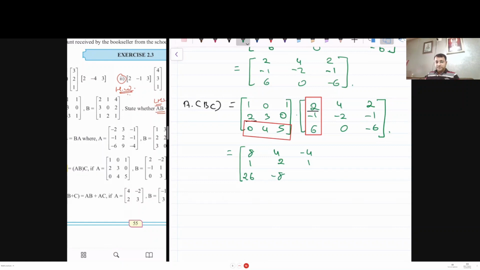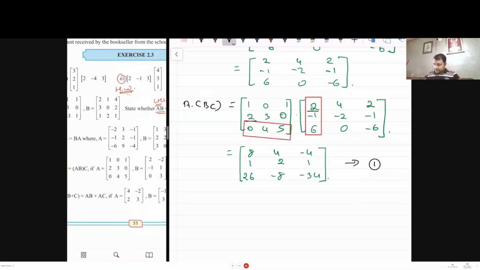So negative 8 and the last 0 into 2 is 0, 4 into minus 1, that is minus 4 and 5 into minus 6, that is minus 30. So minus 4 and minus 30, that is minus 34. This has to be your equation number 1 because this is our LHS.